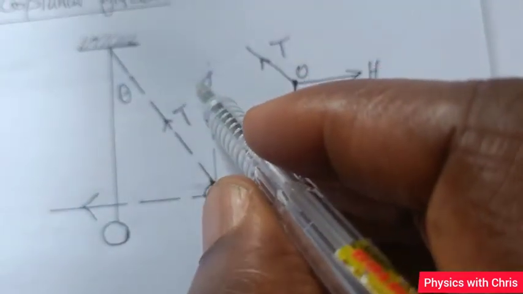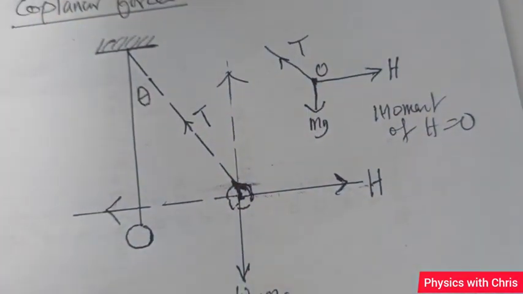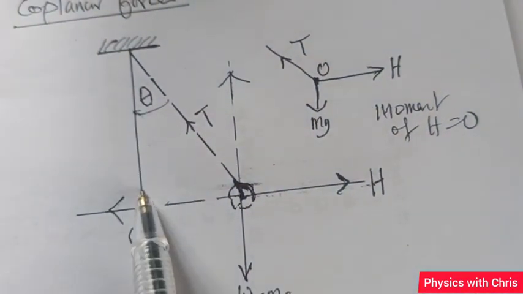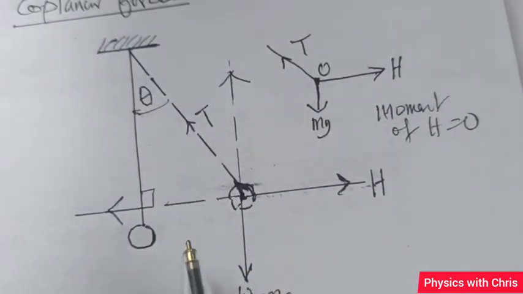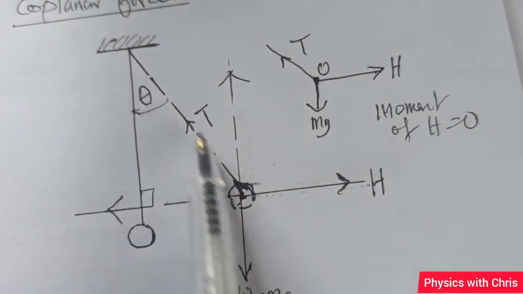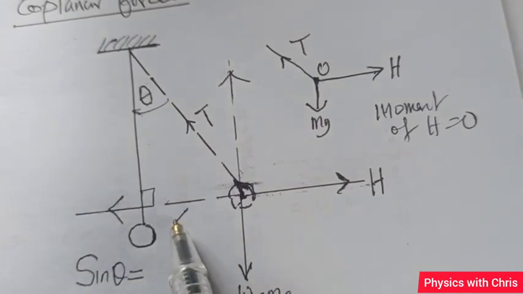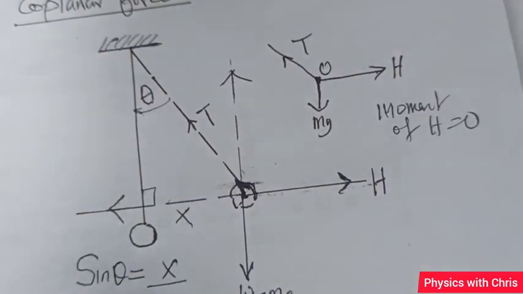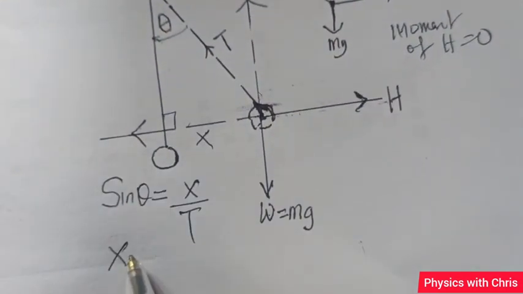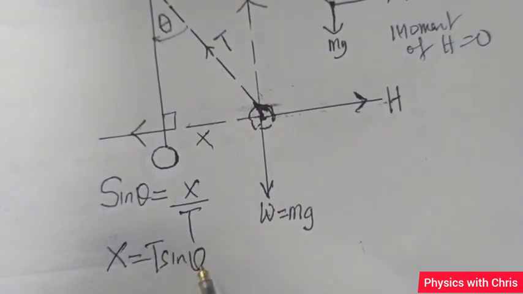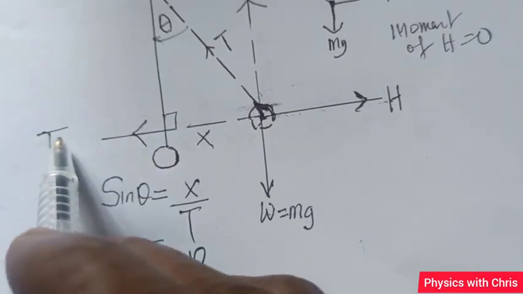Okay, so what are these two components? I can use my SOHCAHTOA. With the head of this right-angled triangle, this is my opposite over hypotenuse, that is sine. So my sine theta gives me opposite. Maybe I can call this one x over hypotenuse, that is T. So my force x is equal to T sine theta. So I can replace this x with T sine theta.